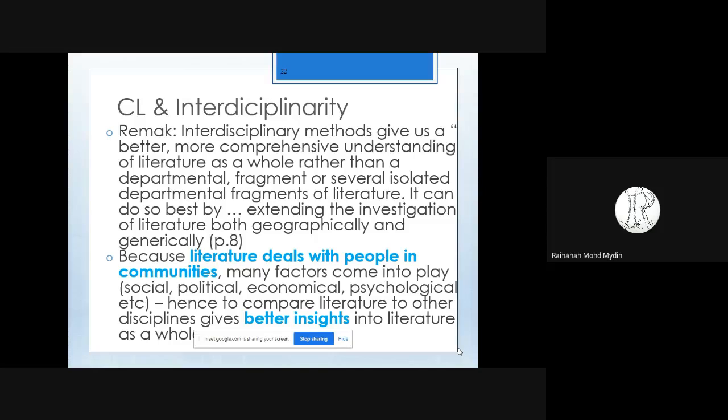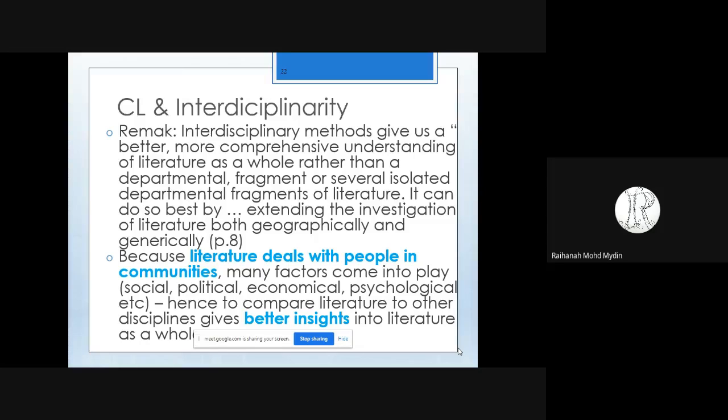So the American School of Comparative Literature incorporates interdisciplinarity by allowing literature to be read alongside other disciplines in which people, communities and cultures are studied. Why? In order to have better insights into literature as a whole.